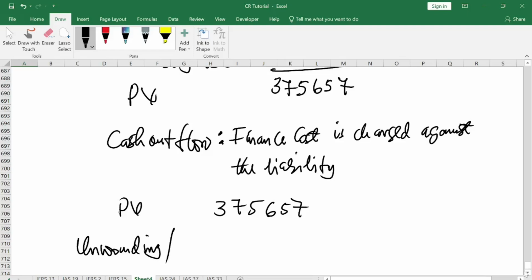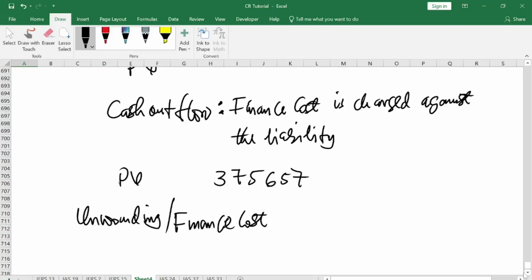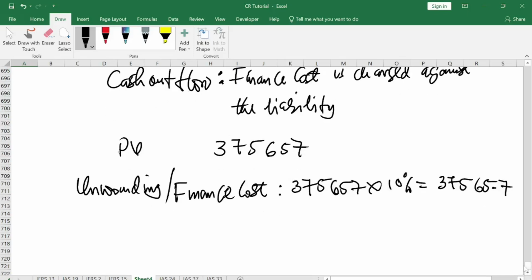So the unwinding is the same as what? Finance cost. So with regards to the expected future outflow of money to be paid for the demolition, which is 375,657, we charge the amount of finance cost. The discount rate or cost of capital is 10%, and you charge 10% on this, which gives you 37,565.7. So this is how the discounting is calculated and then provided.